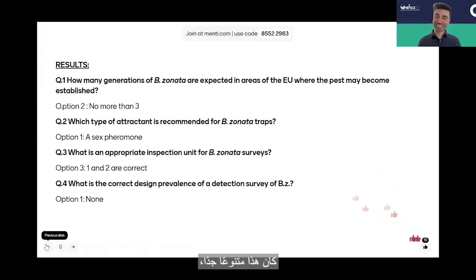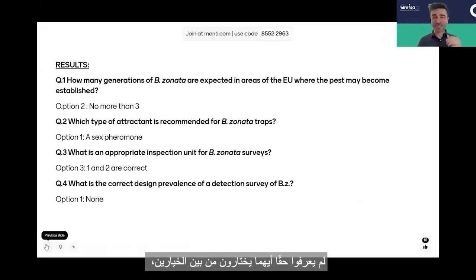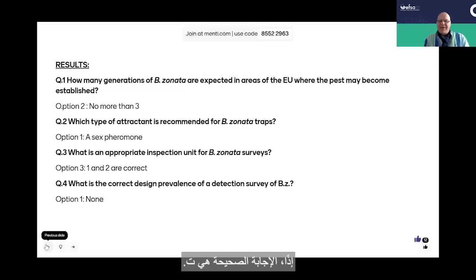This was really fair, they didn't really know which of the 2 options to choose because they were divided mostly between 2 of the options. Yep. So the correct answer is C, and this was only in one slide presented by Josep, where he was talking about the other potential methodology to inspect for the pest on the individual tree, taking the fruit as the sample.